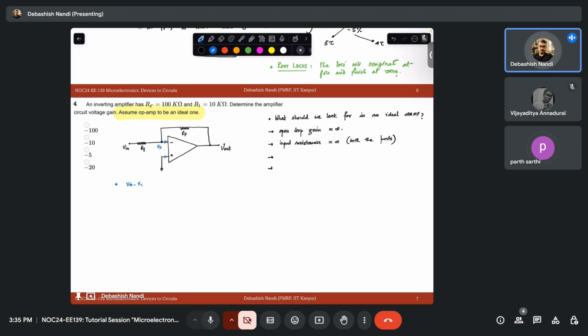So (Vin minus Vx) over R1 is equal to (Vx minus Vout) over Rf. So your Vin over R1 is equal to Vx times (1 over R1 plus 1 over Rf), minus Vout by Rf. So can you tell me how should we proceed from here?